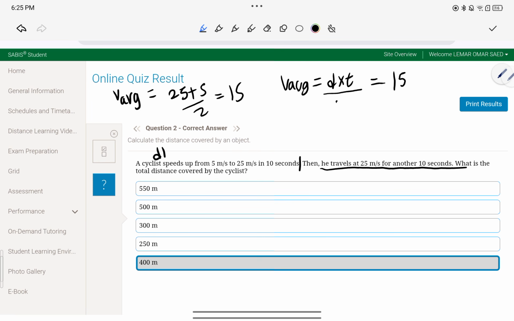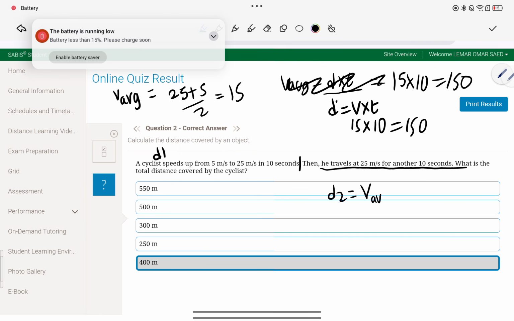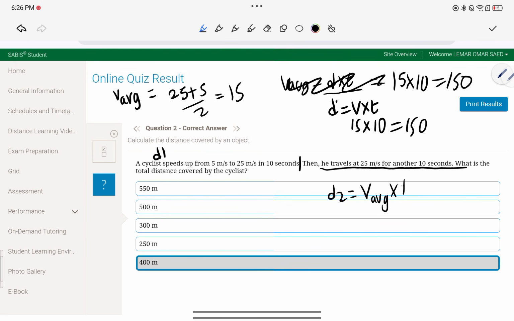Okay, 15 times 10, which is equal to 150. Oh my god. D is equal to v times t. The average velocity here is 15 times 10. Okay, sorry about that. Now, for distance 2, d2 equals average v times the time.